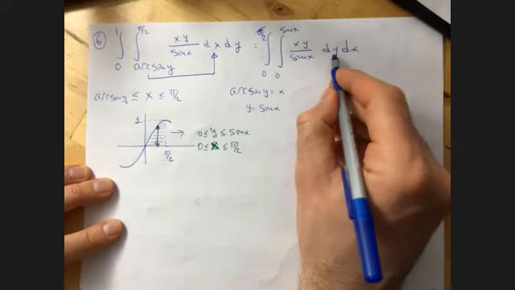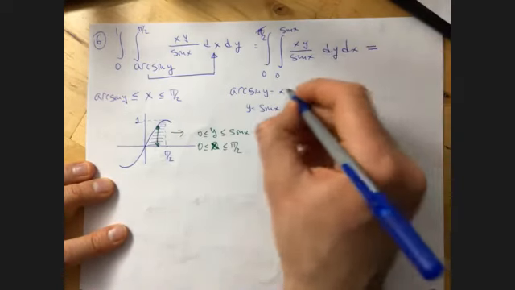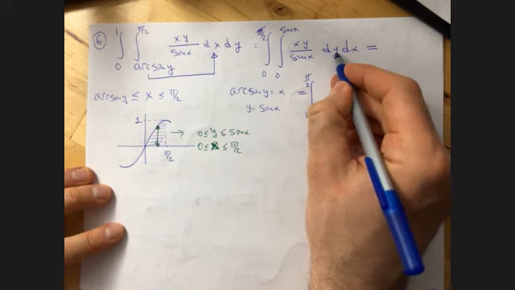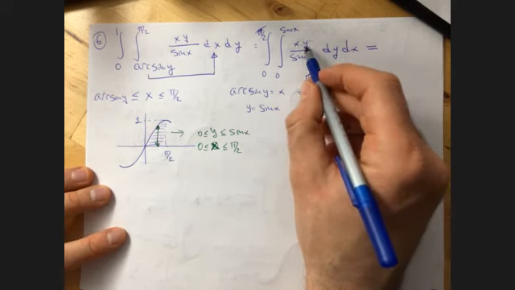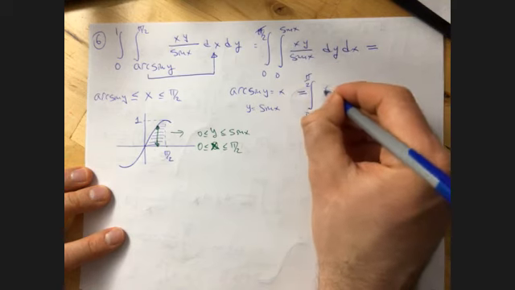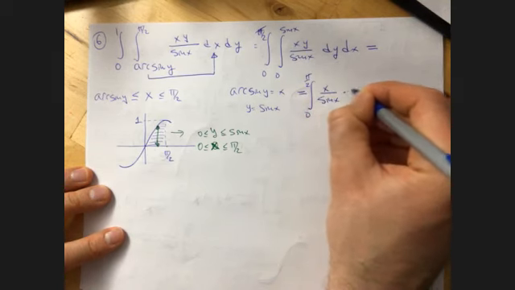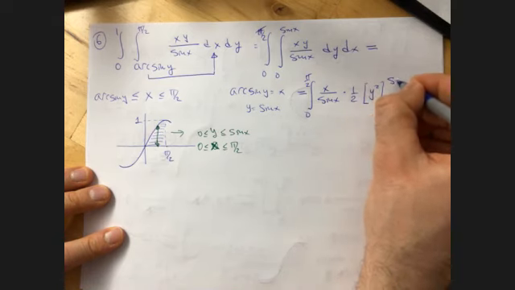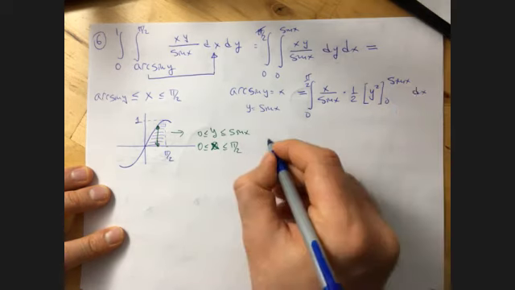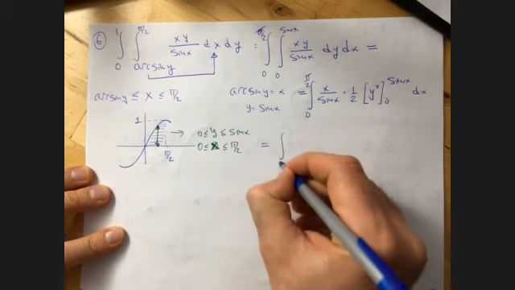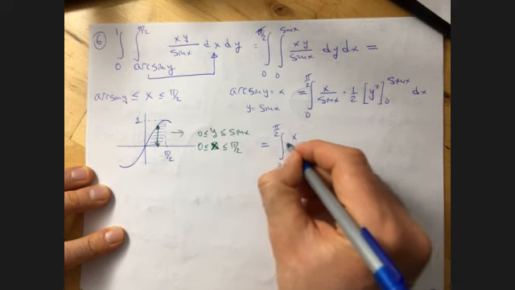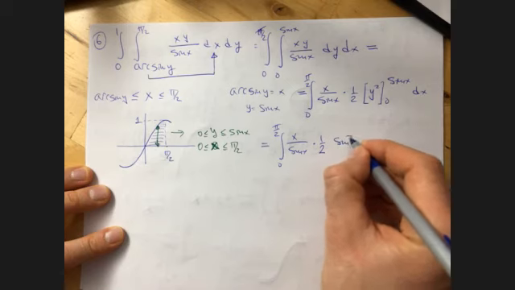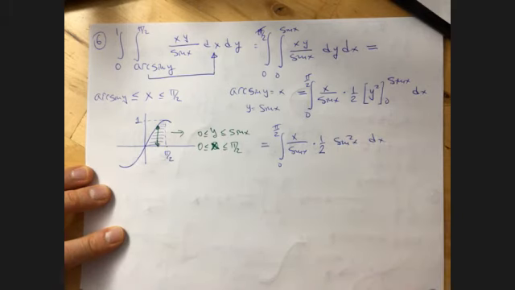Then here I have xy over sine of x. And then I first integrate with respect to y. Okay, when I integrate with respect to y first, I treat x over sine of x as a constant, times 1/2 y squared from 0 to sine of x dx. This will be equal to the integral from 0 to pi over 2 of x over sine of x times 1/2 sine squared x minus 0 dx.